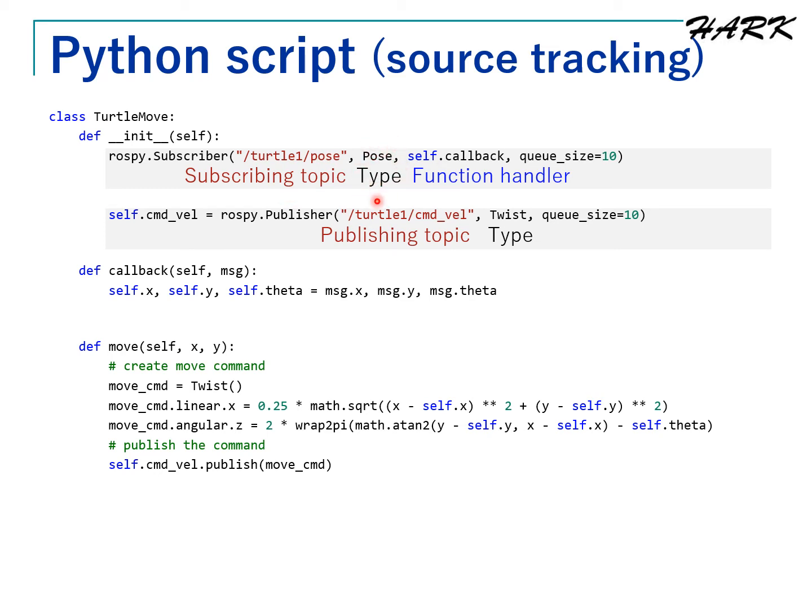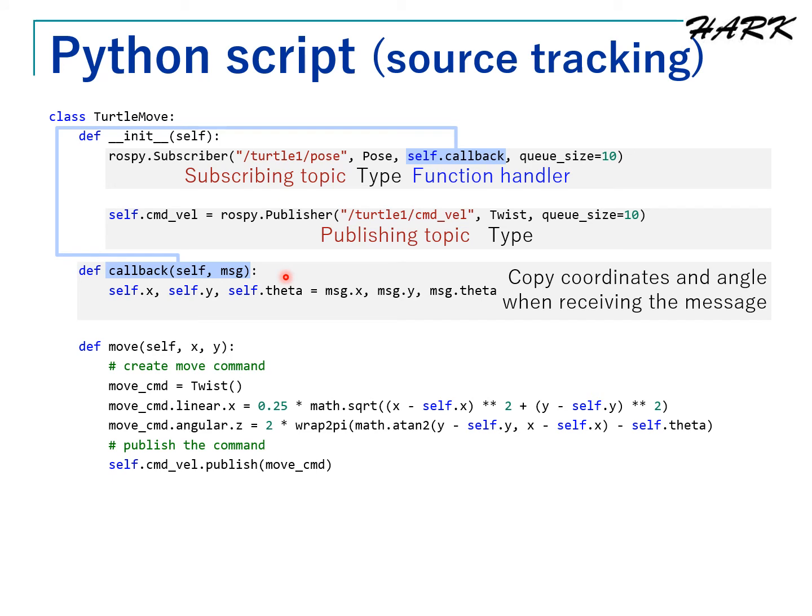At the same time, we use rospy.Publisher method to register the topic published from this ROS node. The name of the topic is /turtle1/cmd_vel and the data type is Twist, which is one of the predefined data types on ROS. The next block defines a self.callback function, which will be executed when the topic is received.